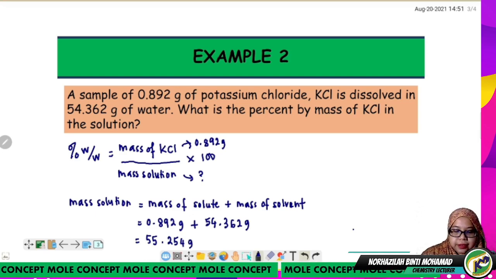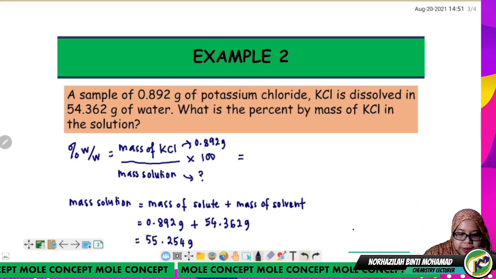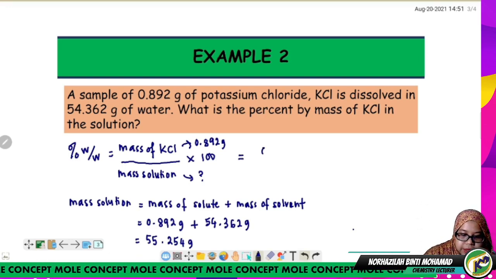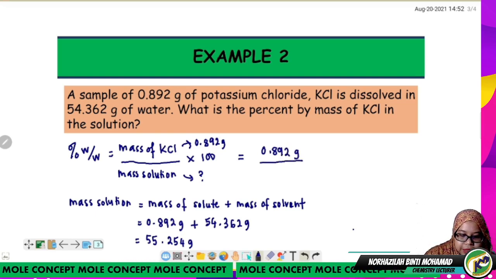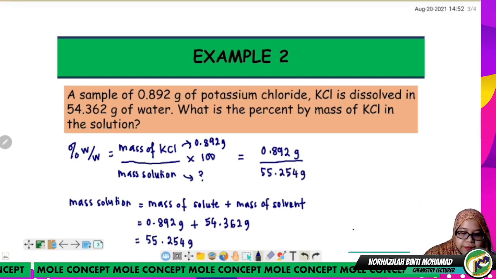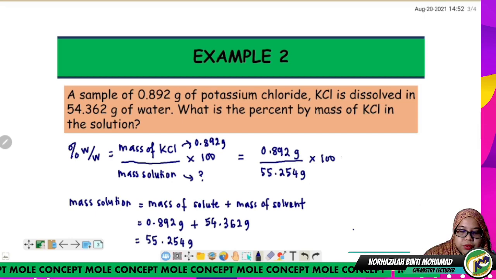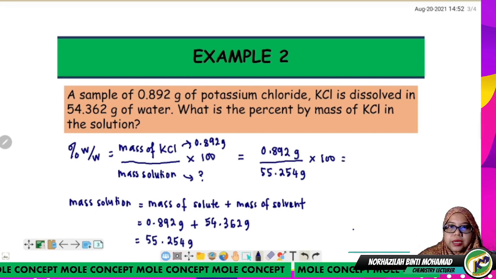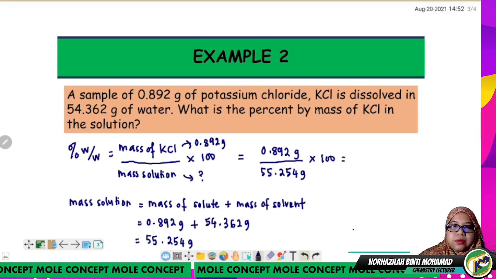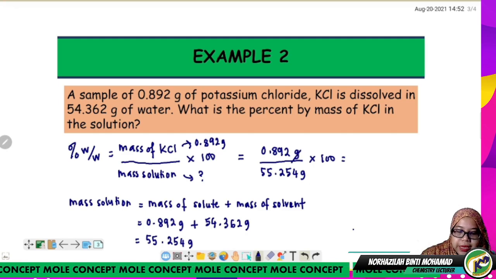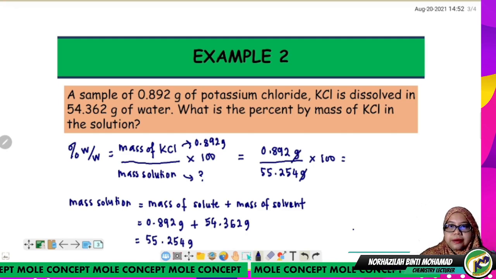Then for the percentage by mass, the mass of KCl is 0.892 gram divided by 55.254 gram times 100. Make sure the unit of mass of solute is the same as the unit of mass of solution, so that we can cancel the unit gram.